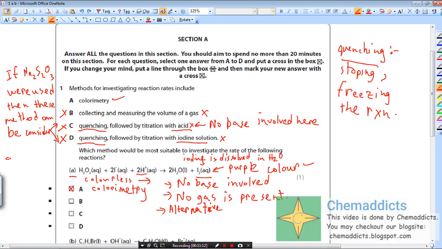Alternative method. So here is the alternative method, that is quenching followed by titration with sodium thiosulfate. So that's why option A here is correct.